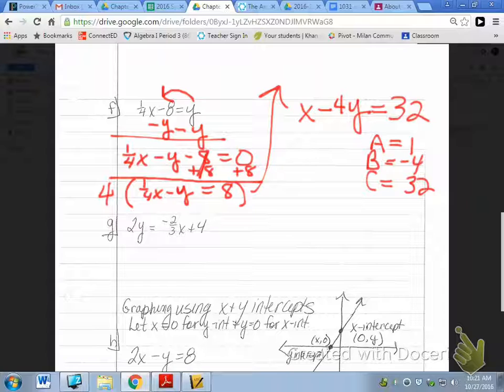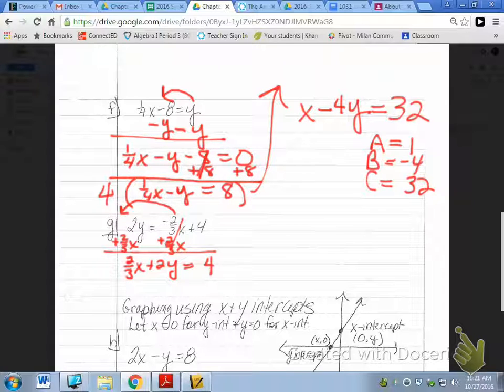Okay, example G. 2y equals negative 2/3 x plus 4. I've got to bring this x term over here. So plus 2/3 x, plus 2/3 x. 2/3 x plus 2y equals, sign, 4.